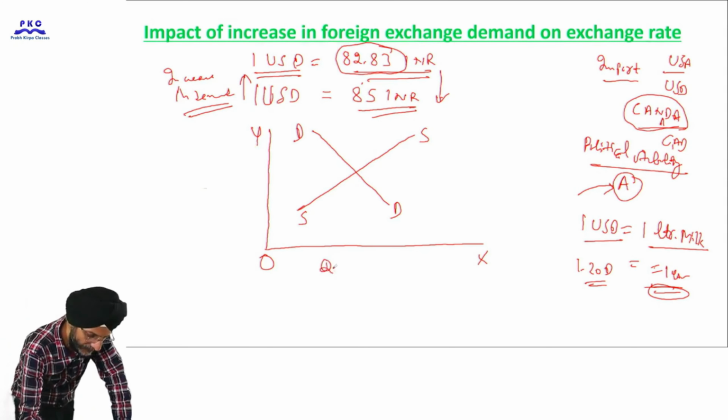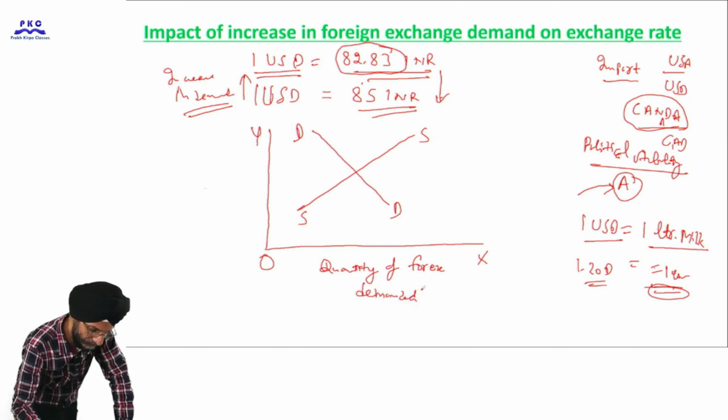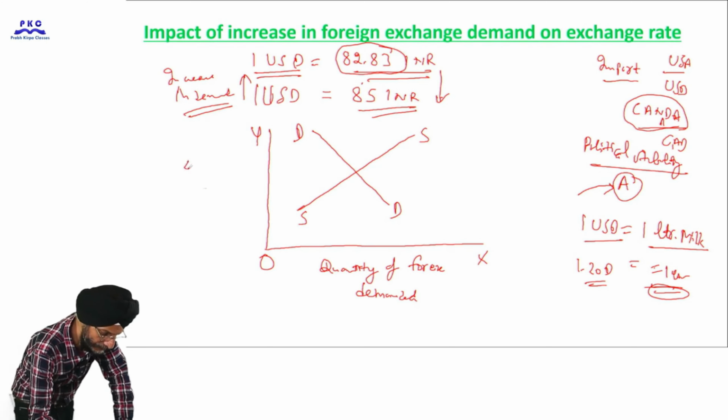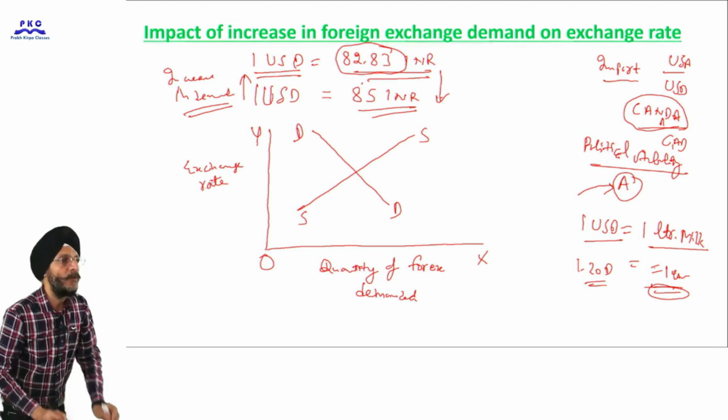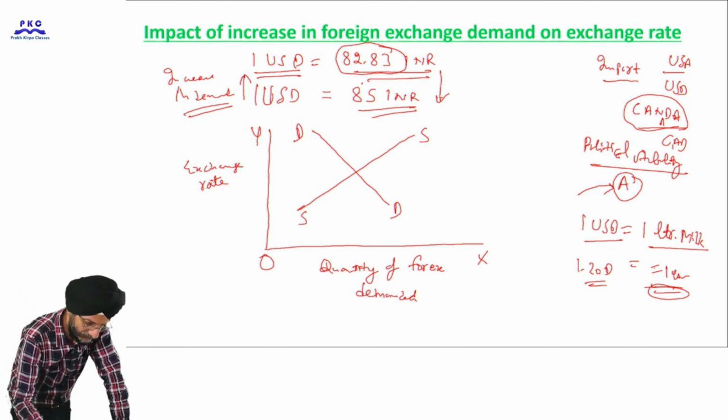Here it is quantity of foreign exchange demanded. Here on y-axis, it is exchange rate or the price of foreign currency in relation to domestic currency.